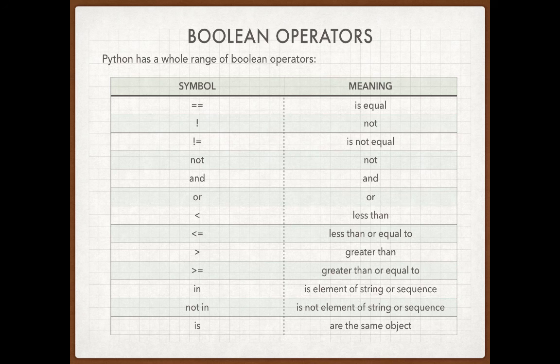We can ask the opposite version of that. Are these two things not equal? And in that case, we use the exclamation point as a representative of the word not. Now that'll work almost everywhere. We'll notice in just a minute, Python actually does have the word not spelled out as well. But not equal is almost always written as exclamation point equals.